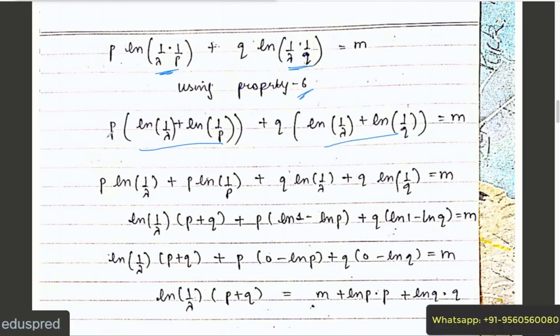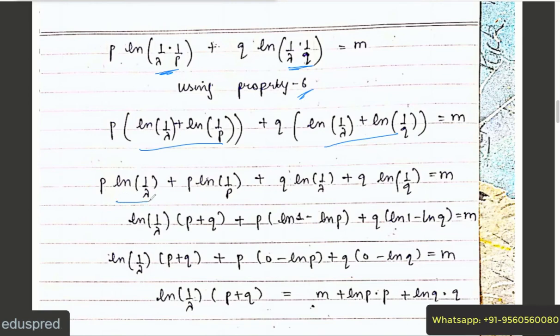So that will give me p multiplied by ln 1 divided by lambda plus ln 1 divided by p plus q ln 1 divided by lambda plus ln 1 divided by q is equal to m. So simplifying this, I'll get p ln 1 divided by lambda plus p ln 1 divided by p plus q ln 1 divided by lambda plus q ln 1 divided by q is equal to m.